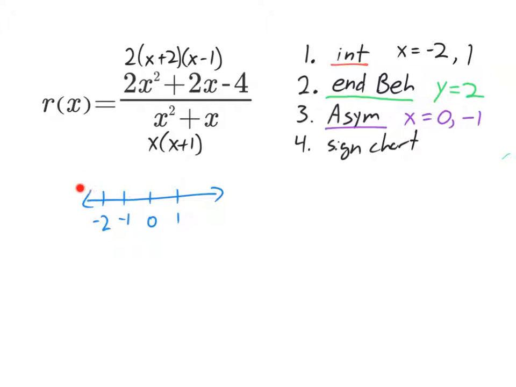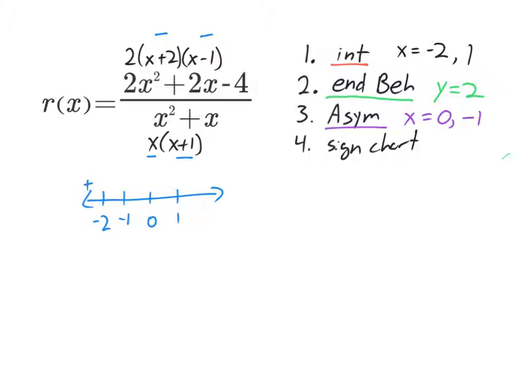If I plug in negative 3 into this x, negative 3 plus 2 is going to make this negative. Negative 3 minus 1 is going to be negative 4. That's negative. This will be negative, and this will be negative. So a negative times a negative times a negative times a negative. I'm getting that from here, here, here, and here. That's going to make it positive here.